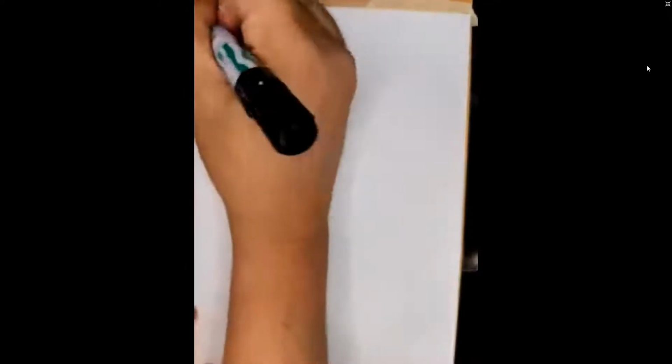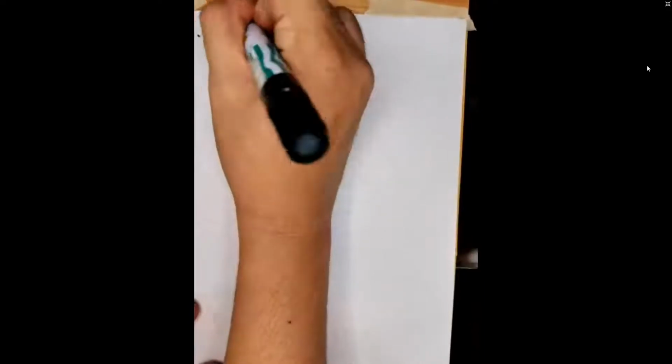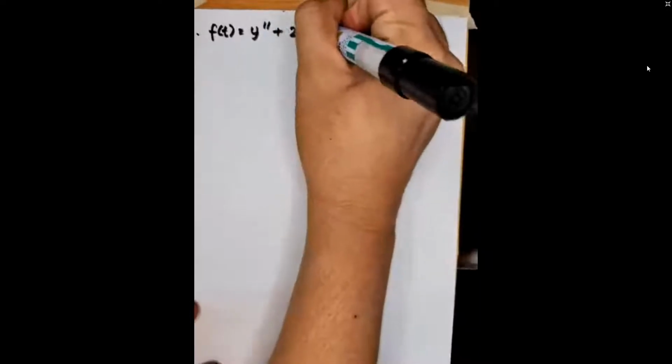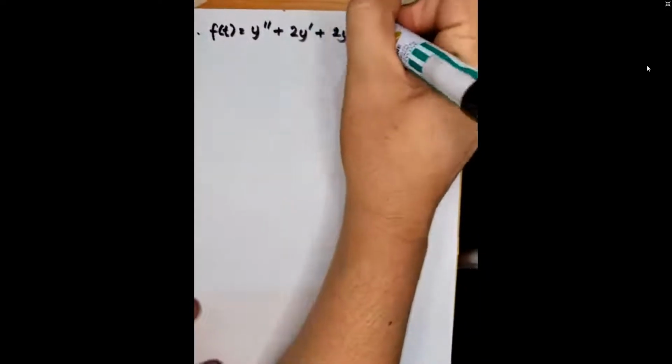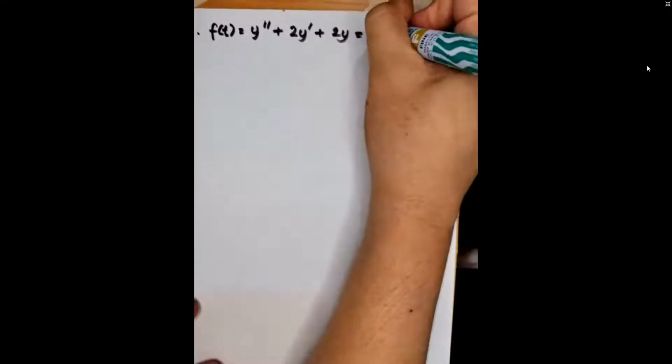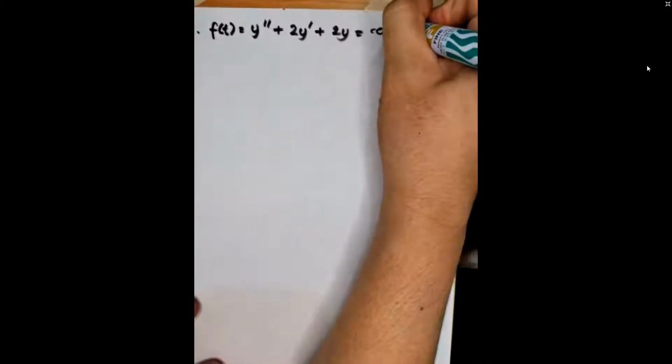Okay, let's solve letter D. So yung letter D naman is about derivative. So we'll have f of t is equal to y double prime plus 2y prime plus 2y is equal to cosine 2t.